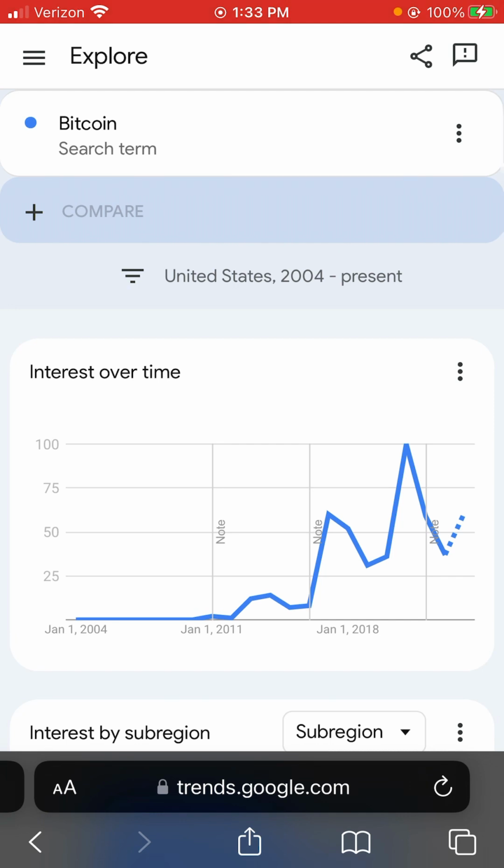So what's astounding to me right now is that, yes, the price chart did have macros that were somewhat like this.